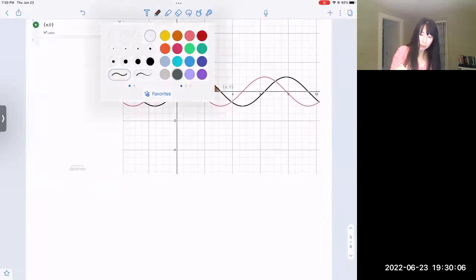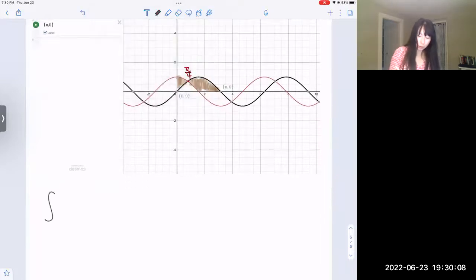Okay, so we split the region into two regions: from 0 to pi over 4, and pi over 4 to pi. Now top minus bottom, which is red minus black.